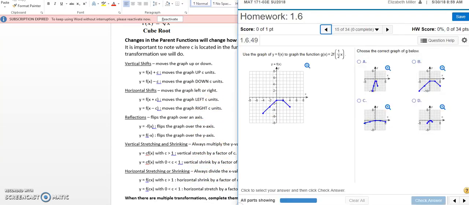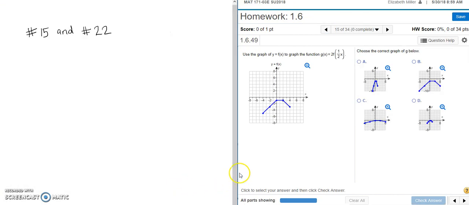Okay, so let's look at the problem. It says use the graph of y equals f of x, meaning just this graph here, to graph the function g of x equals 2 times f of 1/2 x. So we have to pay attention to what's going on in here and whether or not it's happening inside the function or outside the function.